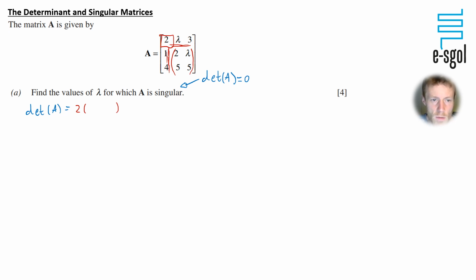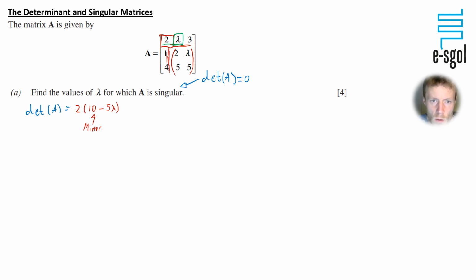So 2 times 5, that's 10. Take away 5 times lambda, 5 lambda. So that bit there is called the minor of element 2. Then we're going to do the same process on this bit here.